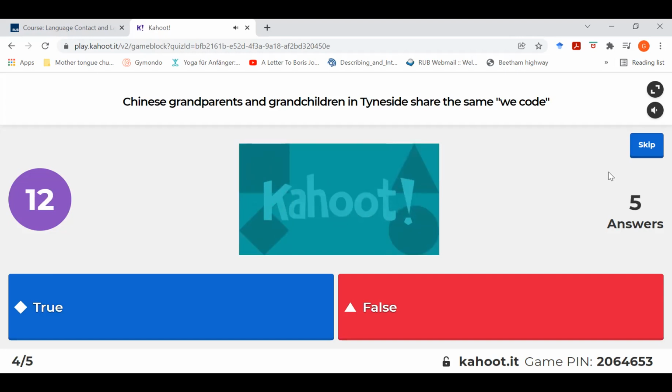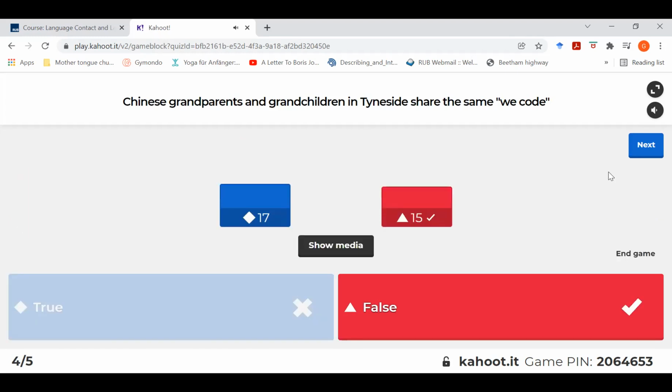I'll show you the data after. I have to stop there because I went one question too far ahead. We'll come back to the Chinese grammar.